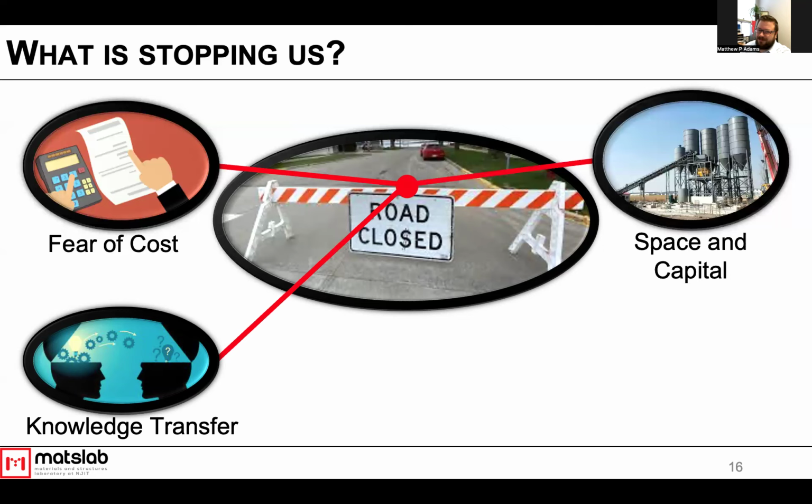Next, space and capital is a real concern. I work a lot in the New York City metro area, and we see our ready-mix concrete facilities here are very, very small. They maybe have space for 2 silos and 3 aggregate bins, right? So they've got one with Portland cement in it, one with an SCM in it, and then their aggregate bins have sand and 2 types of coarse aggregate. If you want them to bring in a new material, they either need to build a new silo, which here in New York they really can't do.